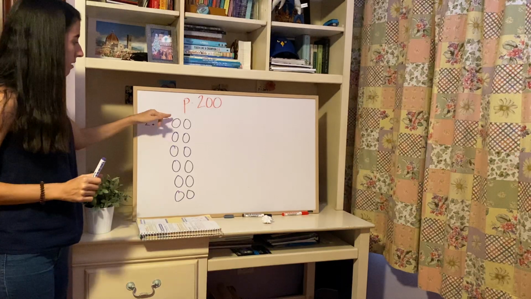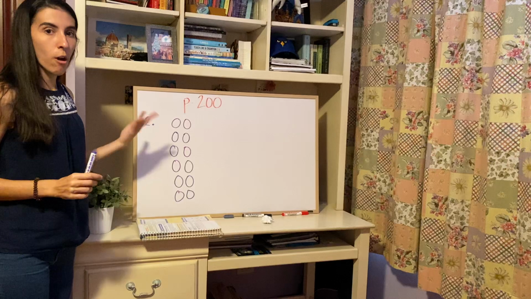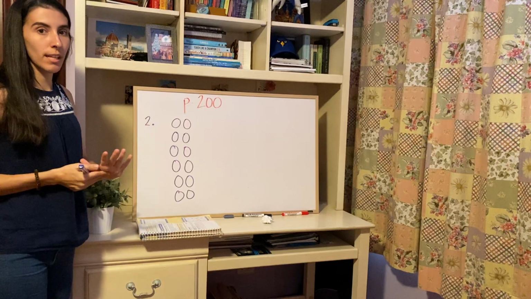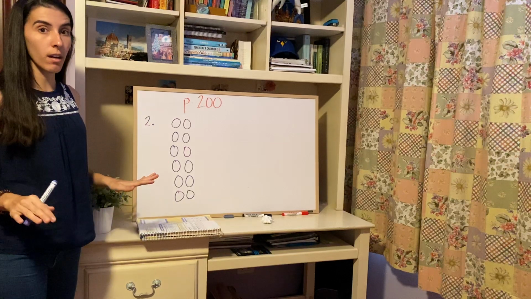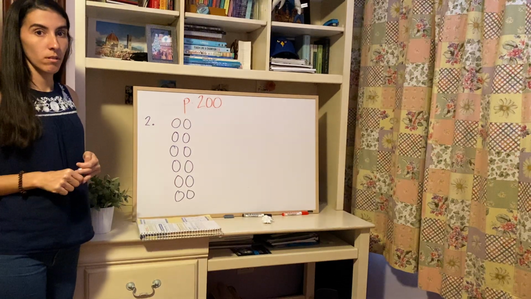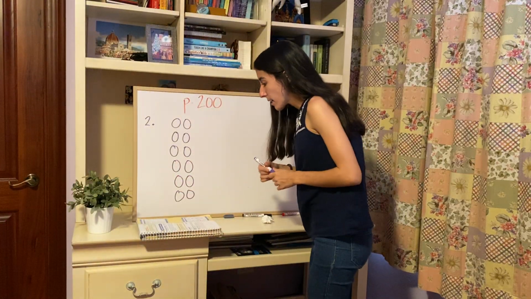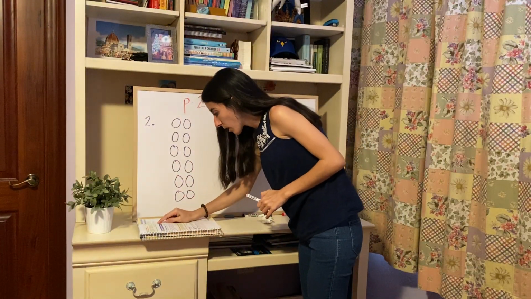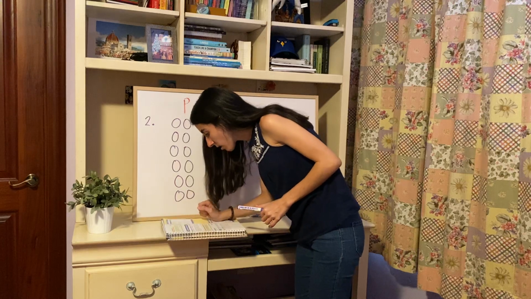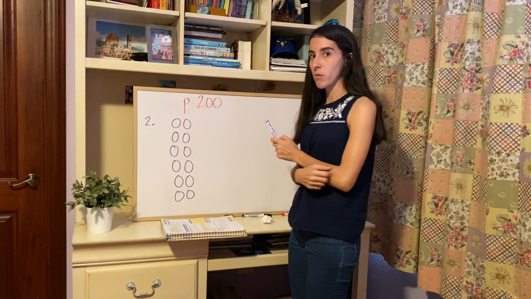So, if there are 6 people, how many pennies would each person get? Now it has to be fair, so each person has to have the same amount. Split it evenly, okay? Then it's asking you what is 1/6 and then what is 1/4. Okay, try to figure those out, all right?